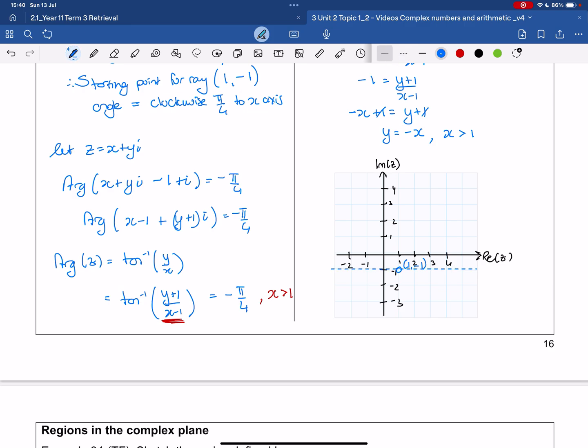And we know that it's going at 45 degrees, which makes sense because pi on 4 is 45 degrees, and the line y equals -x also goes at 45 degrees. Started at the wrong place. So I have a ray that is doing that. So there I have the argument of z minus 1 plus i is -pi on 4.